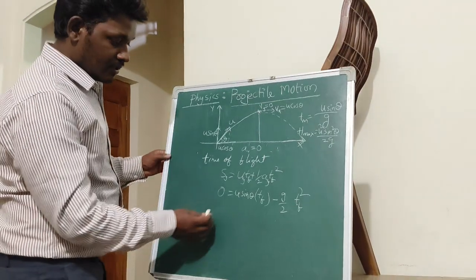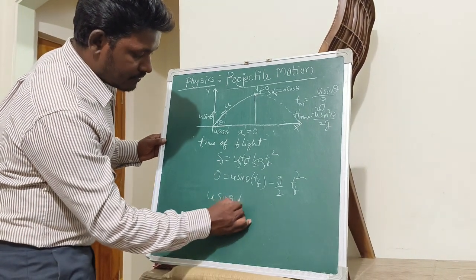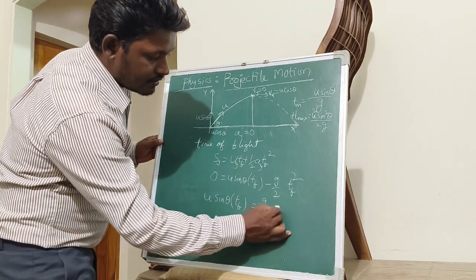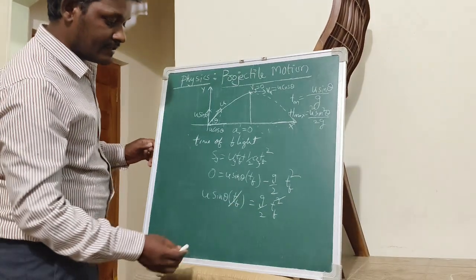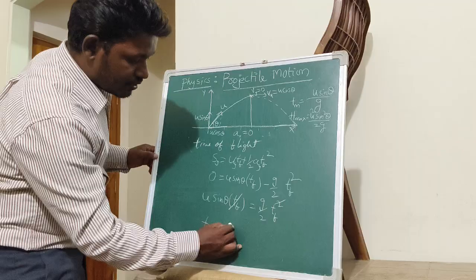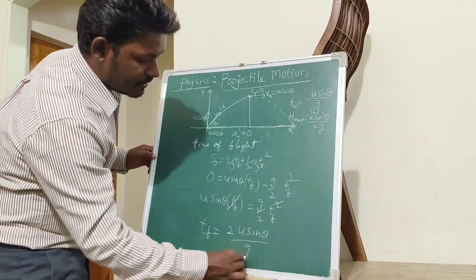So from this we can write u sin theta into TF equals g by 2 TF square. Both sides one T will get cancelled. So time of flight is equal to 2u sin theta by g.